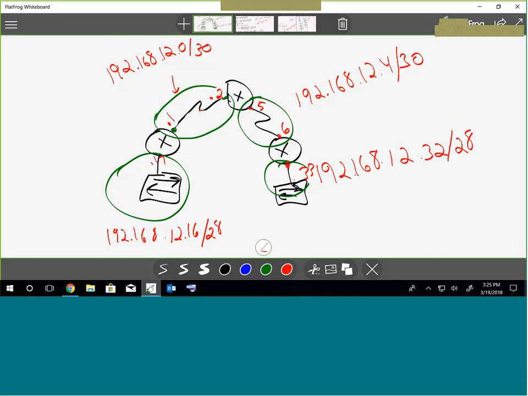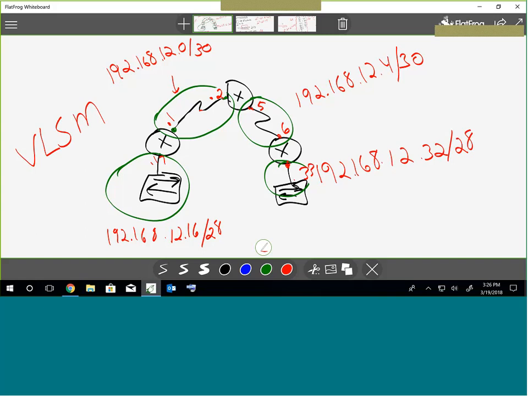Now, this is variable length subnet masking. Do you see why it's called VLSM? You're varying the length of your subnet. You're chopping your networks down. Here's what I always tell people: this stuff ain't rocket science.